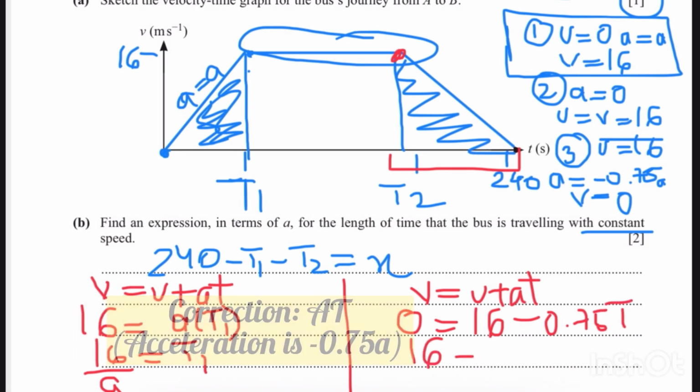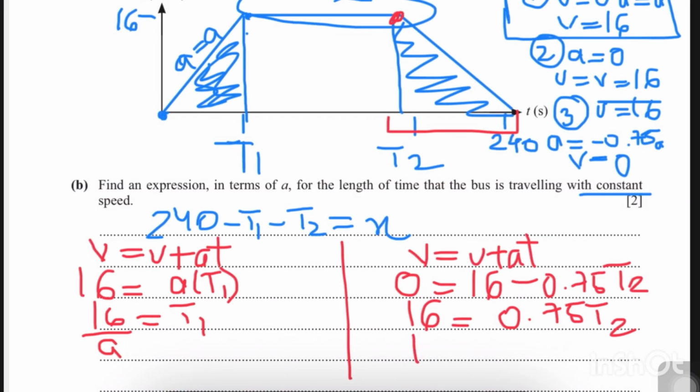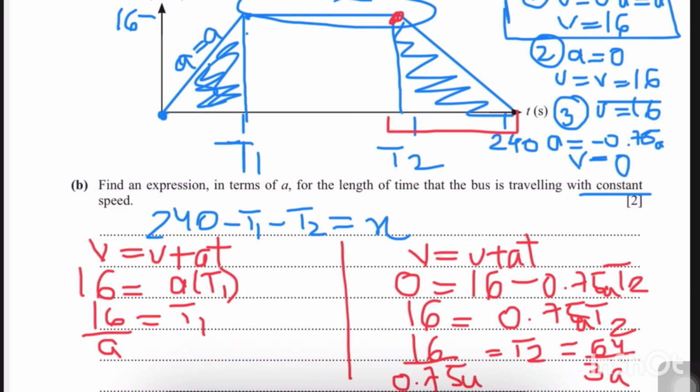When we rearrange, 16 equals 0.75a times t, and this t we will write as T2. So 16 divided by 0.75a is equal to T2, which is 64 over 3a. Sorry, I missed an a over here. This will become 64 over 3a.